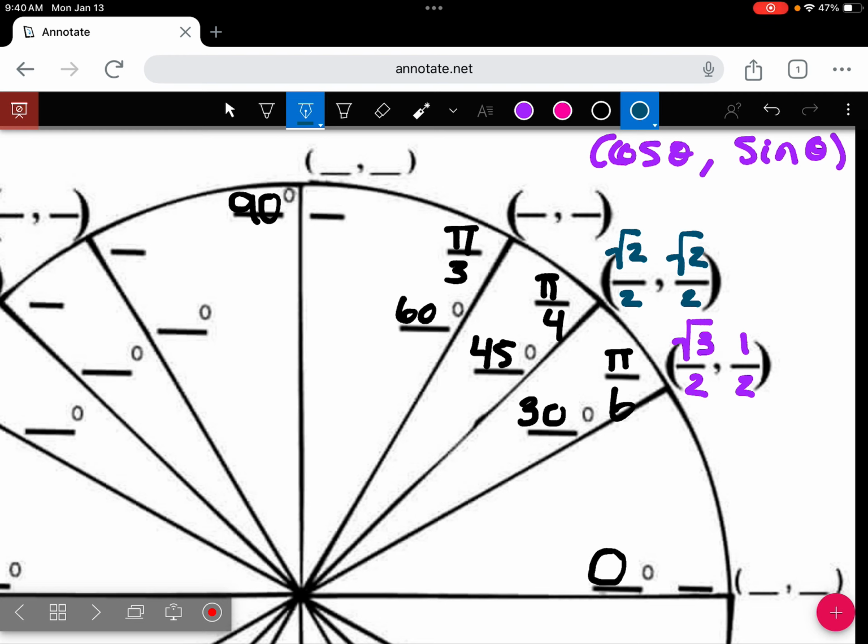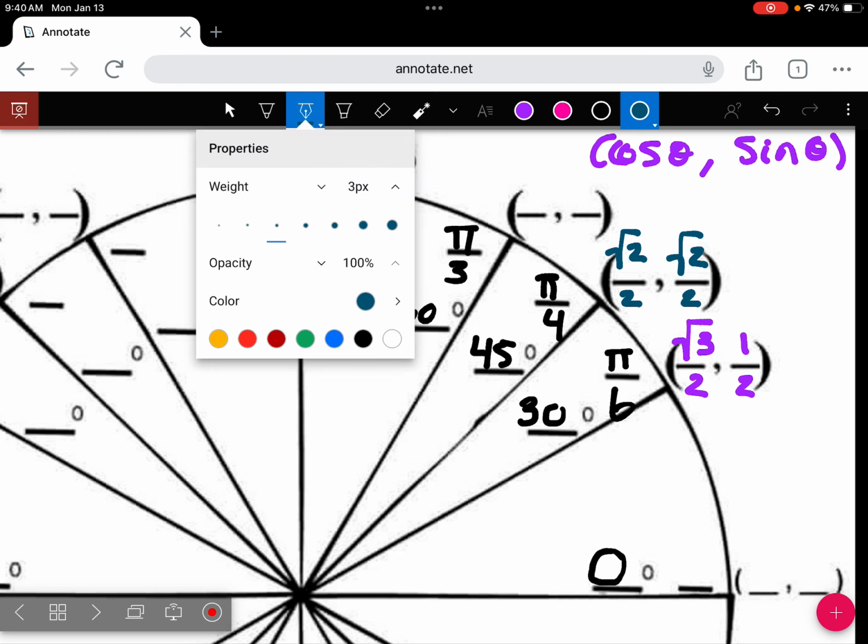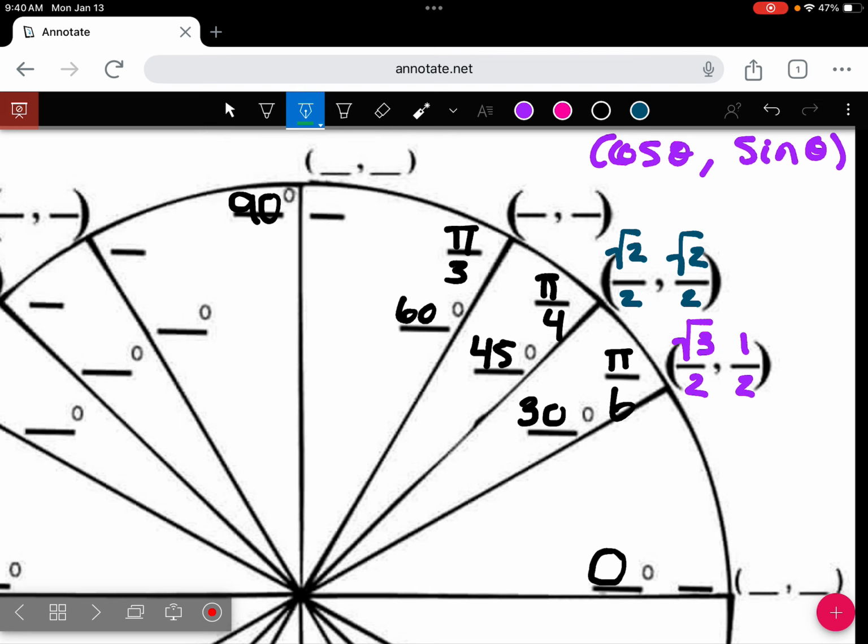Our sine and cosine were identically the same. For our 60 degrees, it was switched from the 30. We had our 1 over 2 and our square root of 3 over 2.